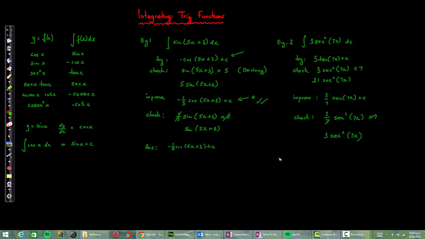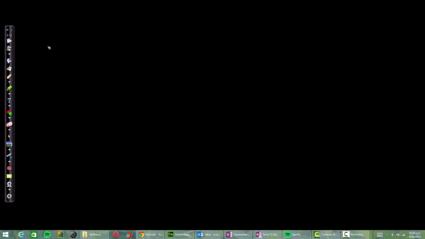So that's great. So we can say that the answer is indeed our 3/7 tan 7x plus c. Okay, let's do one more, and then I think we'll try and see if there's a shortcut to this. Okay, so let's add a new blank page in, and let's call this example 3.